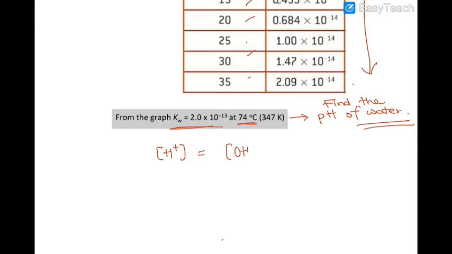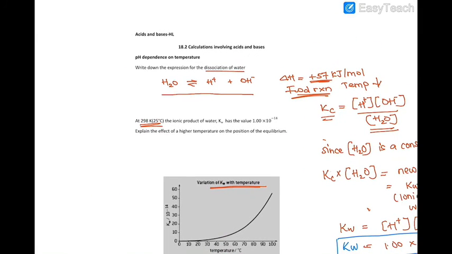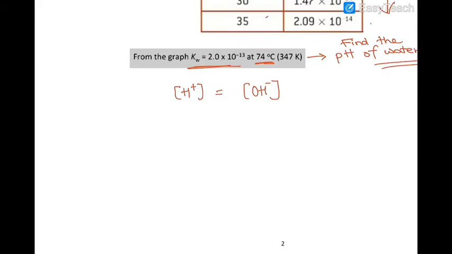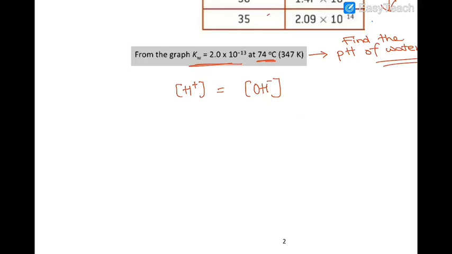So H plus and OH minus are going to be in equal amounts because they are in the same ratio. Remember, when we dissociate the equation, you see H plus and OH minus, they are in ratio 1:1, which means that their concentration will be in the same ratio.